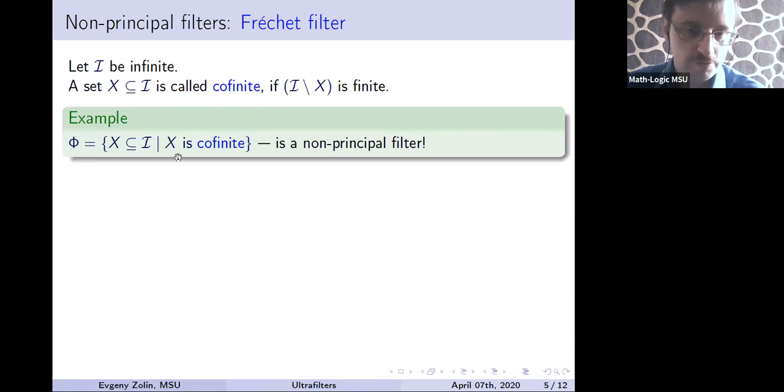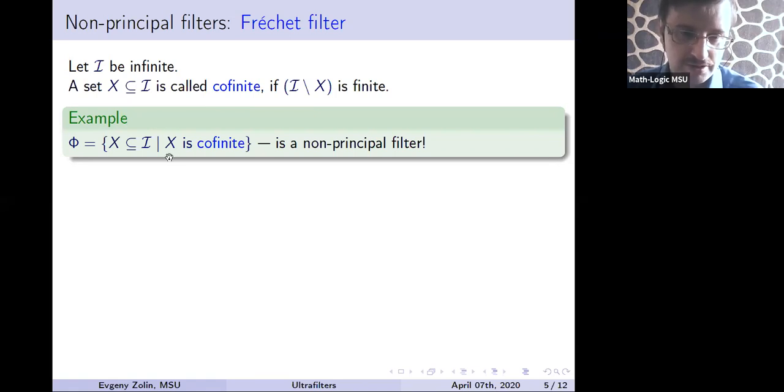Now, consider all cofinite subsets. One can easily show that it is a filter. Conditions 1, 2, 3, 4 are satisfied. And it is a non-principal filter.